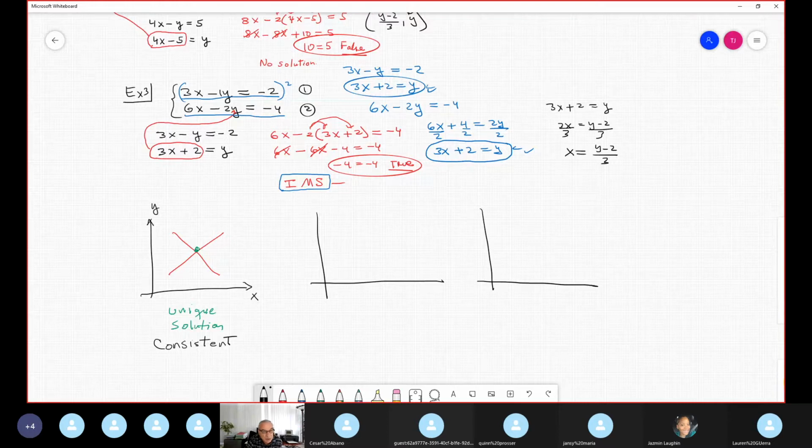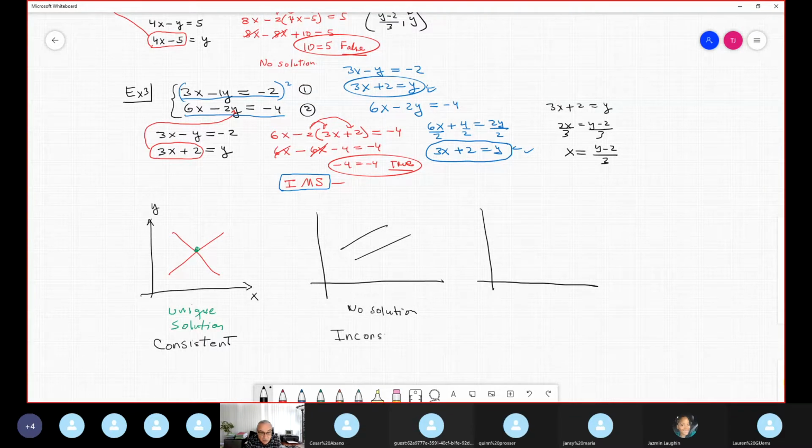What does it mean to be consistent? Consistent means that we have a solution. So we have consistent when you have a solution, and inconsistent when you have no solution. Like, for example, this example, because they are parallel lines that never meet, we have no solution, and the system is inconsistent.